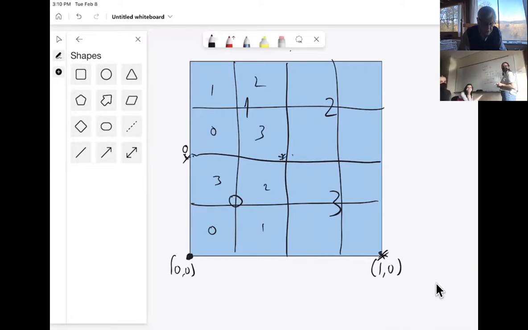It becomes the beginning vertex for the next one. Now here's the ending vertex. This becomes the beginning one for the next counting. And we end up at 1, 0 again. Does this counting make sense?